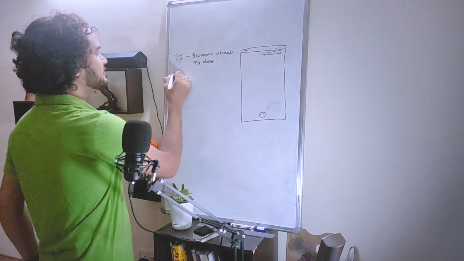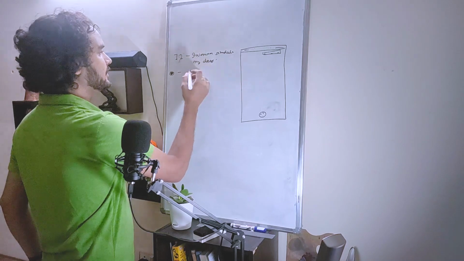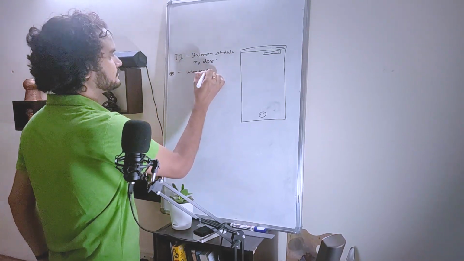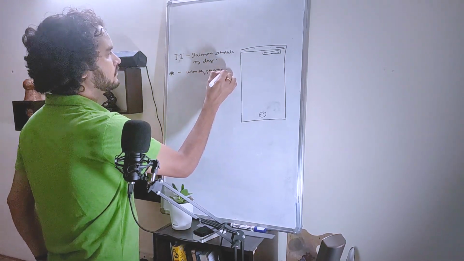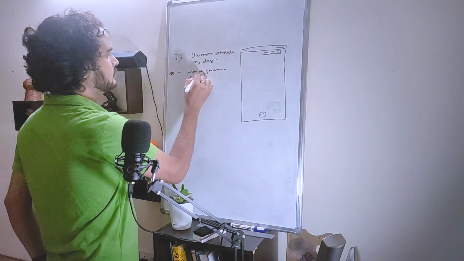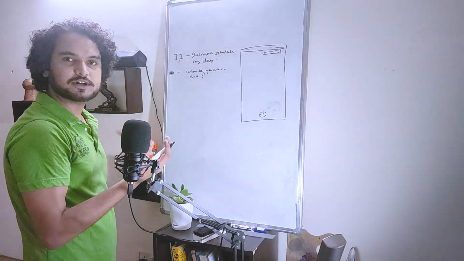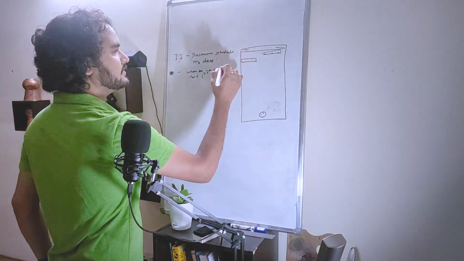Then the assistant will, let's say assistant is this, and it will say, okay, when do you wanna start? So assistant will ask me, when do you wanna start? This is the next interaction the assistant will ask.